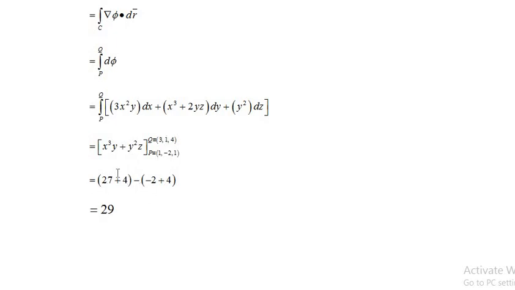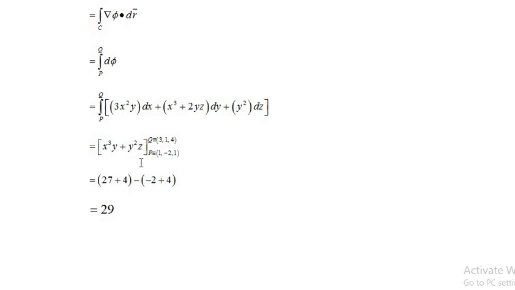that is equal to. Now in this expression, let us put first x equal to 3, y equal to 1, z equal to 4. So 3³ into 1, that is 27, plus 1³ into 4, so 27 plus 4, minus.